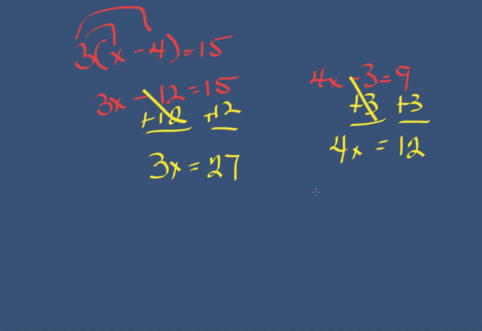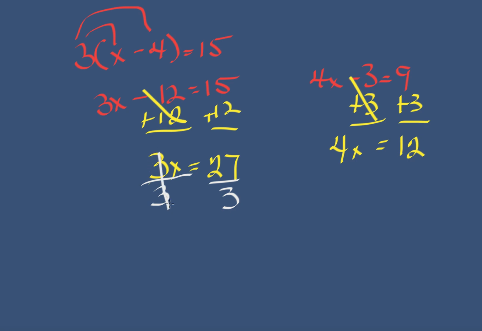Now we just have some multiplication to undo here. On this side, I'm just going to divide by 3. Let's go with this color, since the other is too light. I can't see it. I'm going to divide by 3, divide by 3.